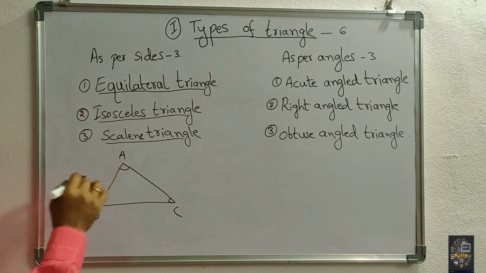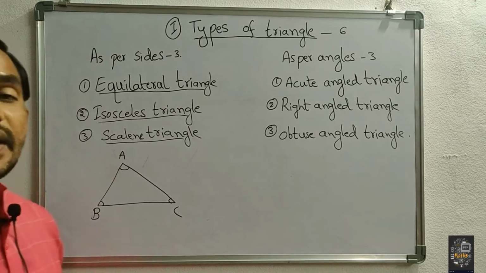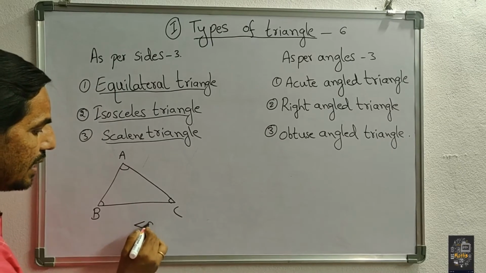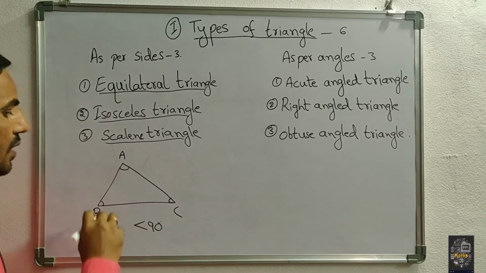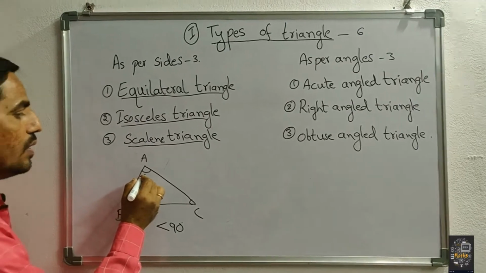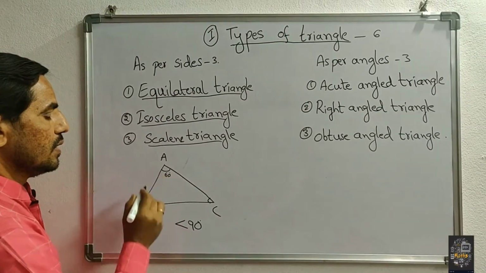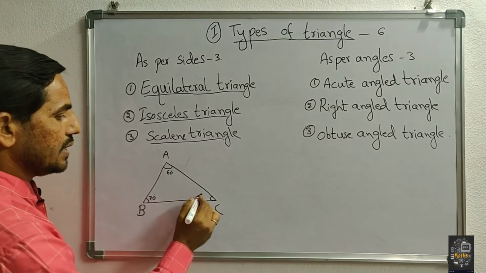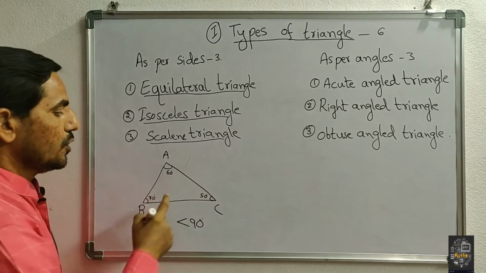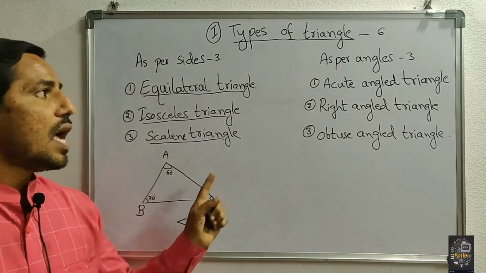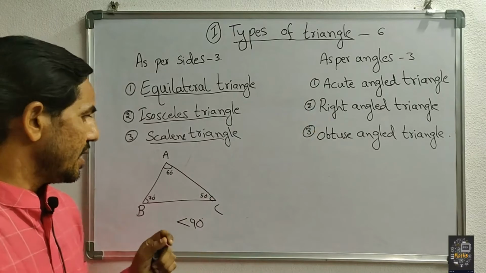So each angle must be less than 90 degrees. For example, I am taking this is 60 degrees, this is 70 degrees, and this is 50 degrees. So each one here is less than 90 degrees. That is an acute angled triangle.